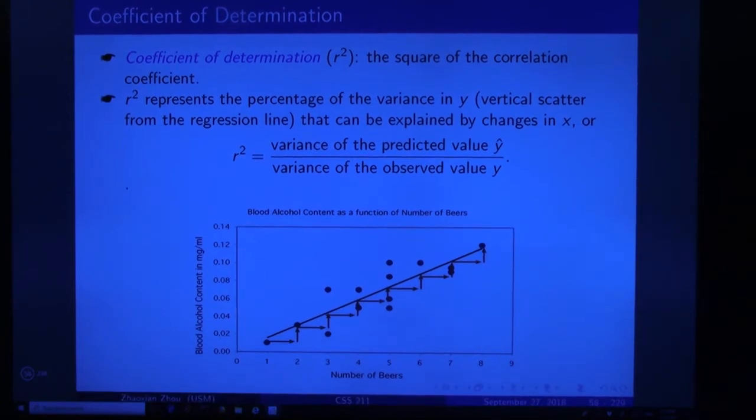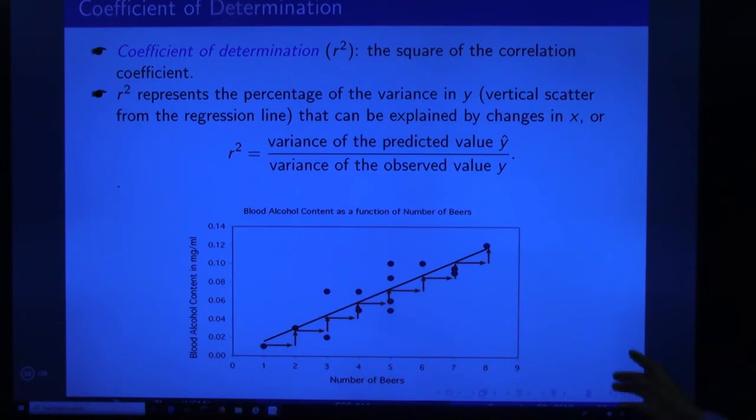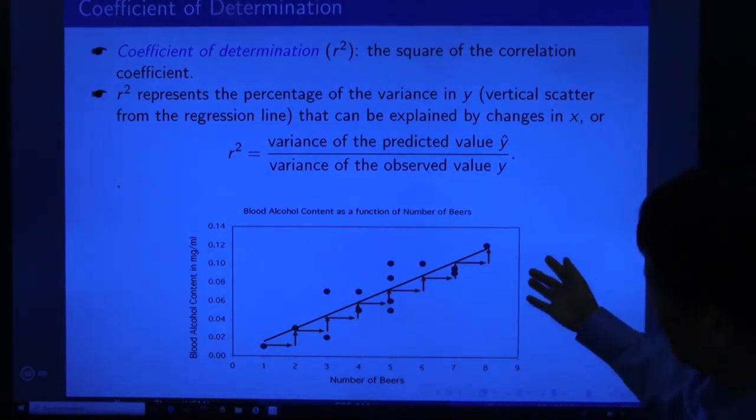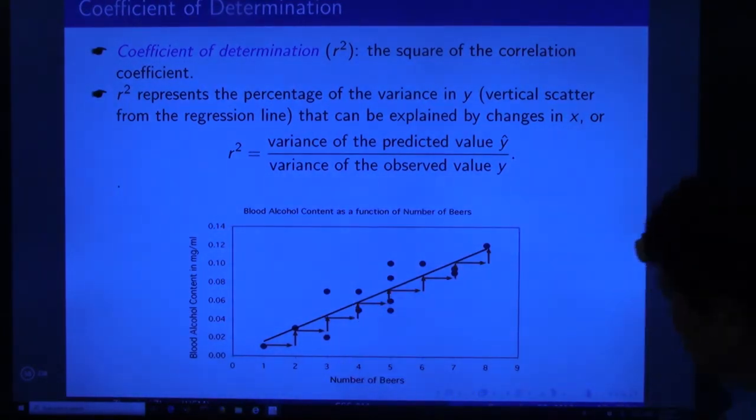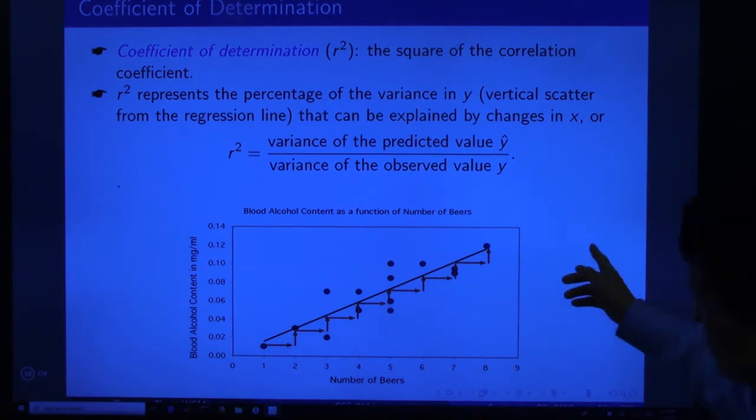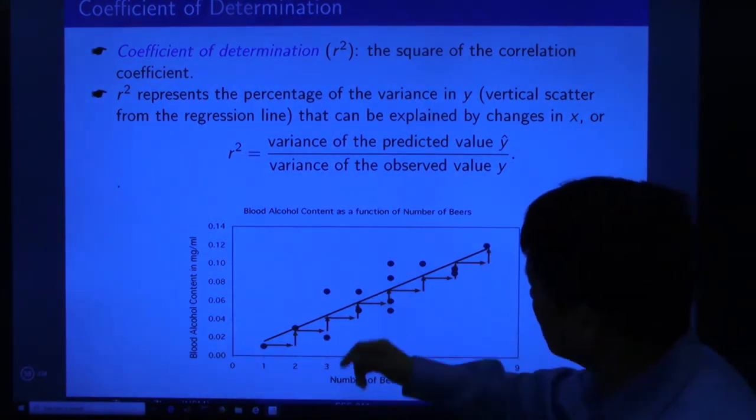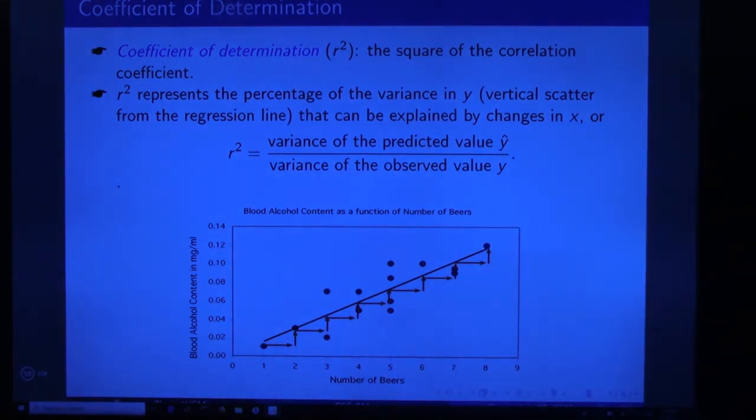The next concept is called the coefficient of determination. Now we go back to this example again. We are given these two data sets, and we plot them with this scatter plot, and we can find this least square regression line. Now, we may ask questions.